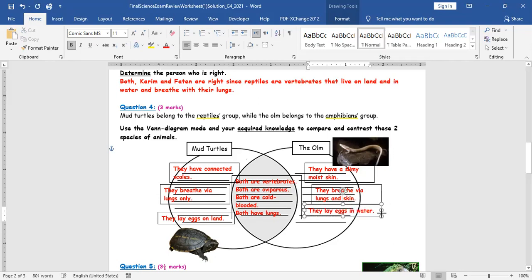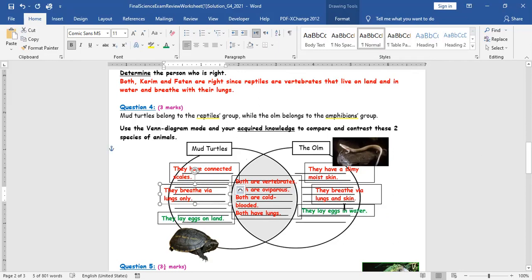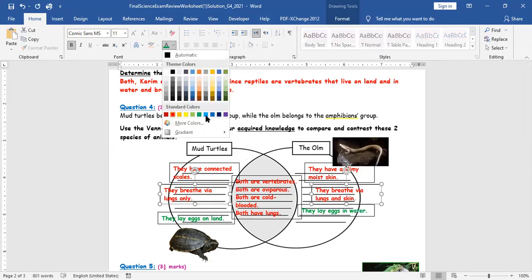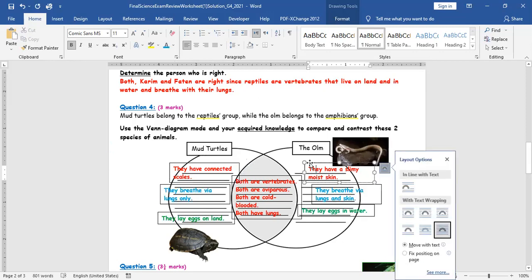So each time you talk about a point in one side, you should talk about the same point on the second side. So I'll use colors just to tell you how. So here we talked about breathing. On the second side also you should talk about how this animal breathes. They have connected scales, while alms have a moist skin.